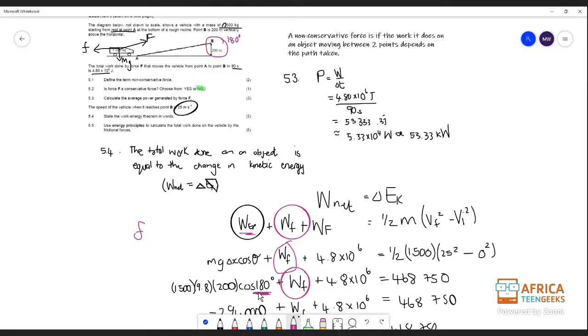Okay. So if it was going in the same direction, you would have had an answer of 1, so it would have been cosine of 0. If it's cosine of 90, then your answer is 0. Let me just put that on the side. Cos of 90 degrees is equal to 0, and cos of 0 degrees is equal to 1, because your graph looks like this.